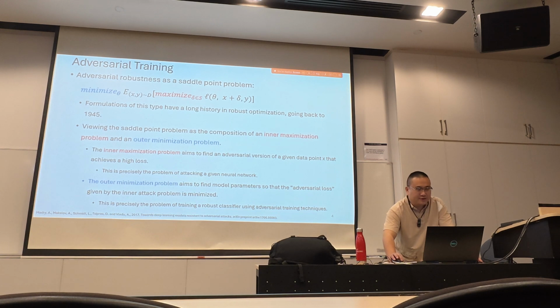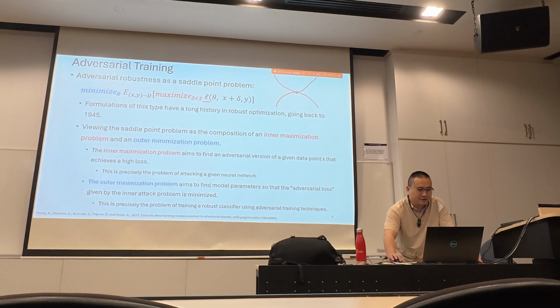So why is this a saddle point? Regarding the loss function, the attacker wants to maximize the loss function. They want to achieve the maximum point of the loss. However, for the defenders, we want to minimize the loss function. So we want to decrease the loss.